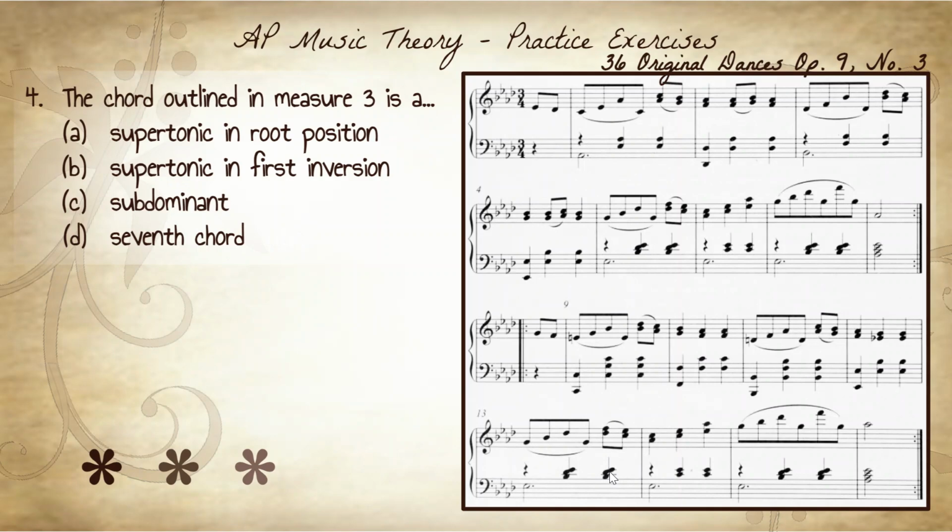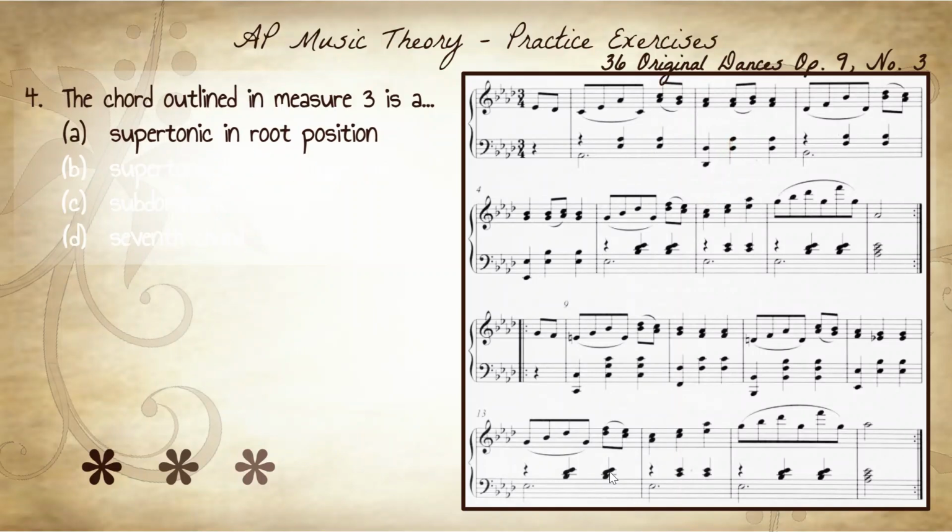The chord outline in measure 3 is A, supertonic in root position, B, supertonic in first inversion, C, subdominant, or D, 7th chord. Correct answer is A. The chord outline in measure 3 is supertonic chord in root position.